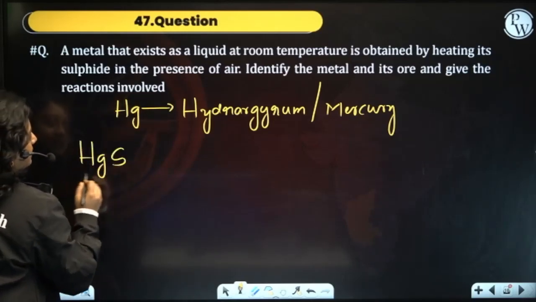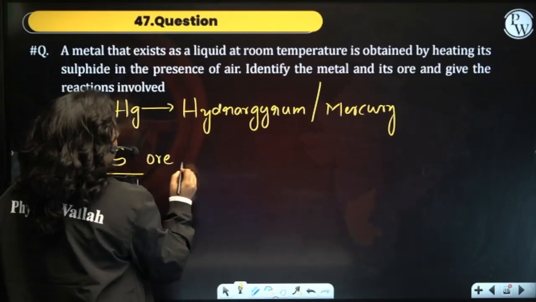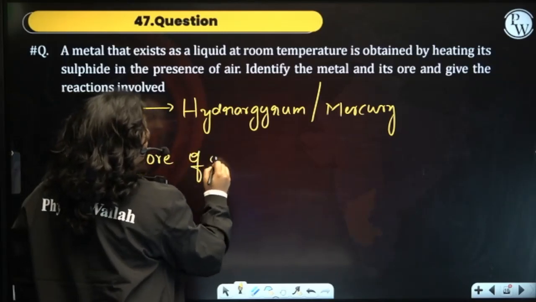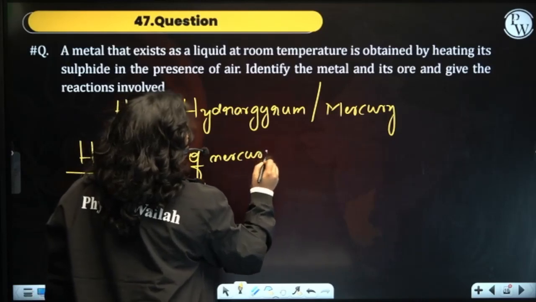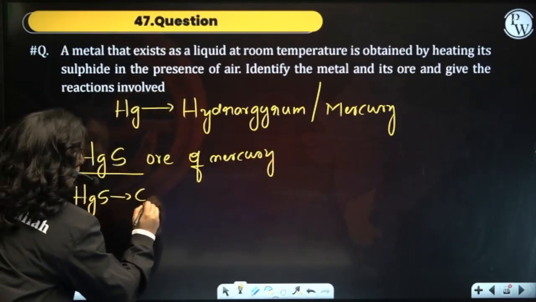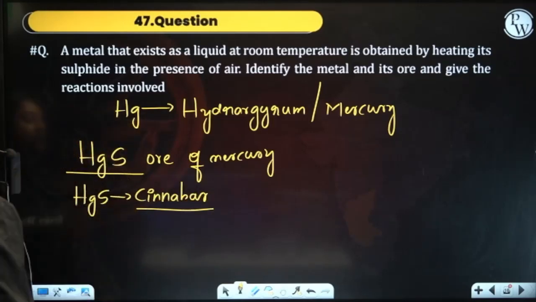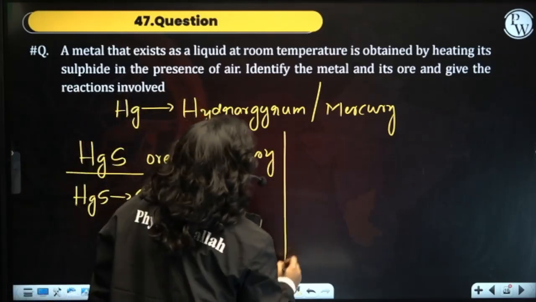Sulfide, HgS. This is the ore of mercury. What is the name of HgS? Cinnabar.